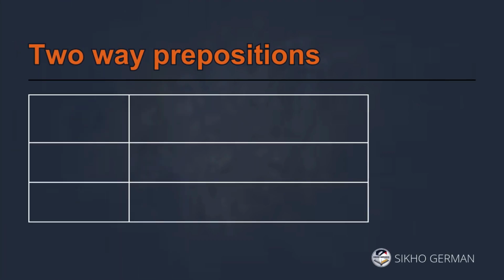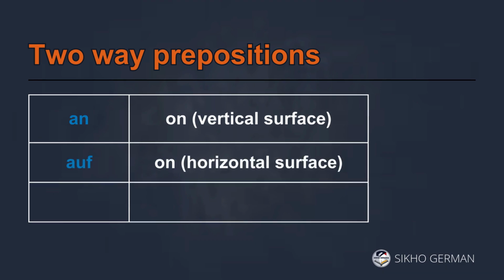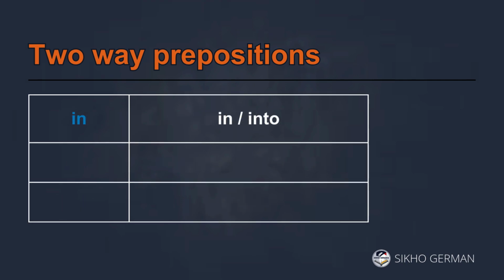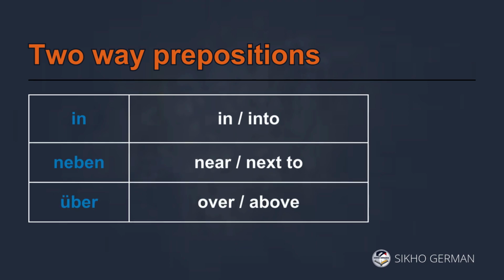Let's learn the 9 two-way prepositions. An, on, vertical surface. Auf, on, horizontal surface. Hinter, behind. In or into. Neben, near or next to. Über, over or above.